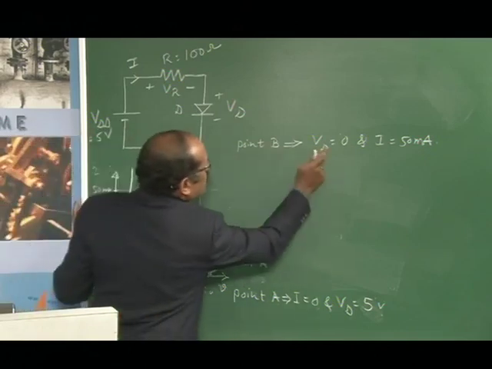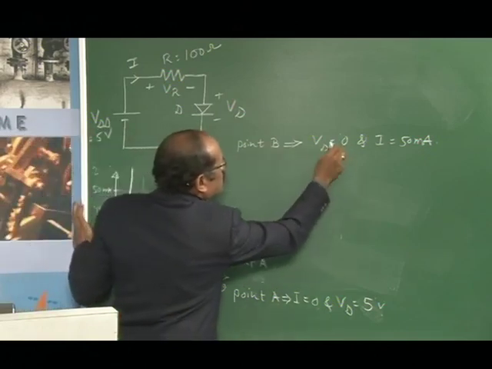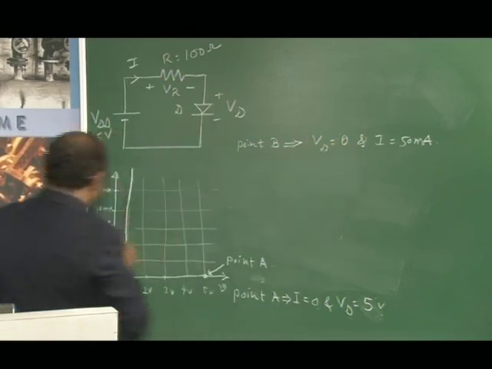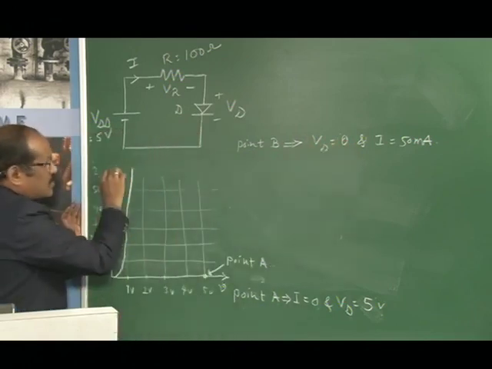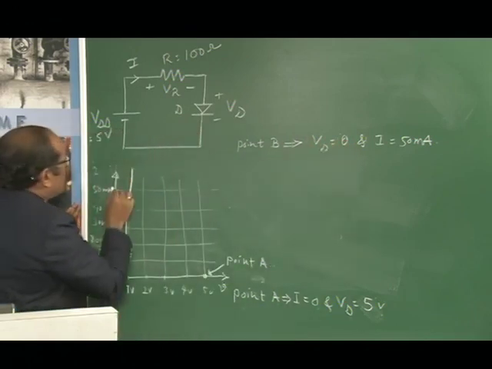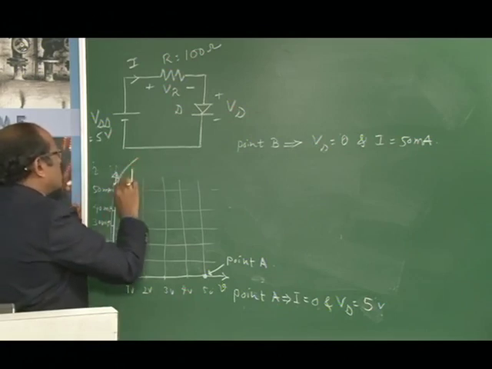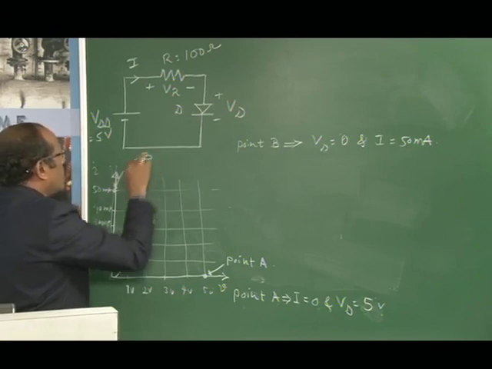Similarly, point B corresponds to Vd equal to 0, which is on this axis. So the point will be here. This is called point B.